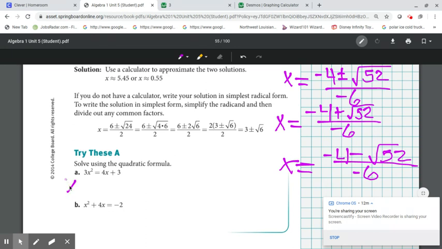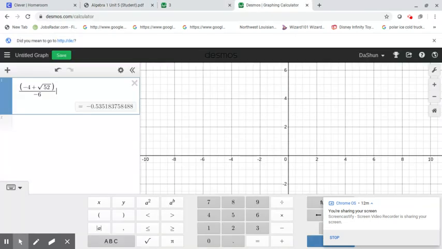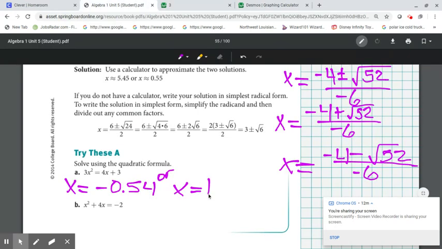So x equals -0.54. And I forgot to put the word or, sorry. X equals. And you can go back to Desmos and change that plus to a minus sign. And that's going to be 1.87. So we can go ahead and write 1.87. All right, so those are your two solutions.